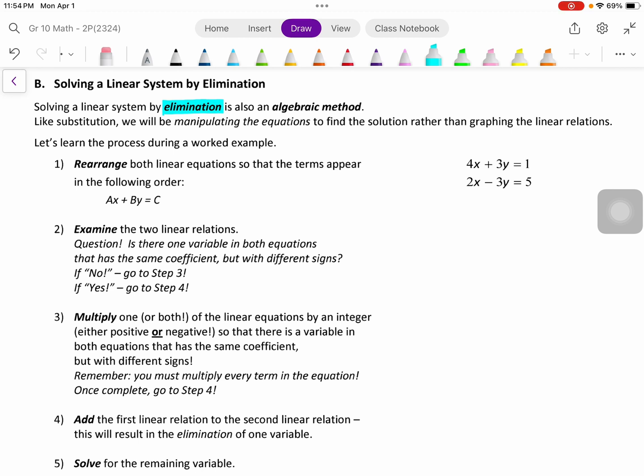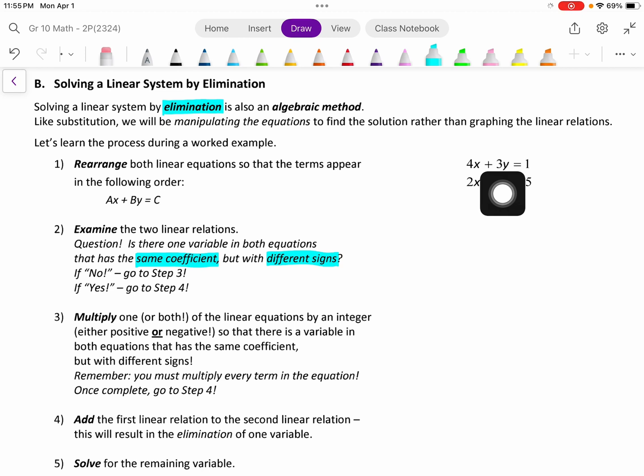The next thing we want to do is look at the variables, the x and the y, and look at the coefficients in front of them. So do they have the same coefficient with different signs? Either the x or the y, not both. Here we have a positive 4x and a positive 2x, so we don't have the same coefficient.